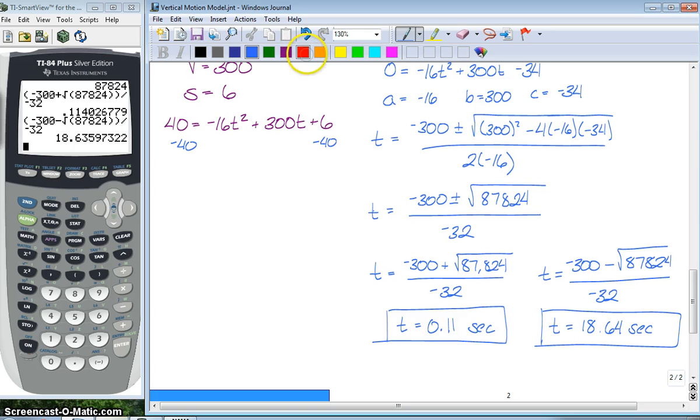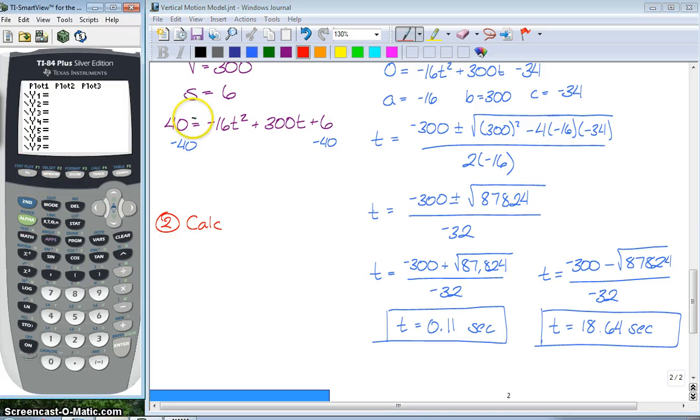Now, like I said at the beginning, there is another way to do this. Way number 2 is using your calculator. So if we go to our calculator, we're going to go to the y equals. In y1, I'm going to type 40.